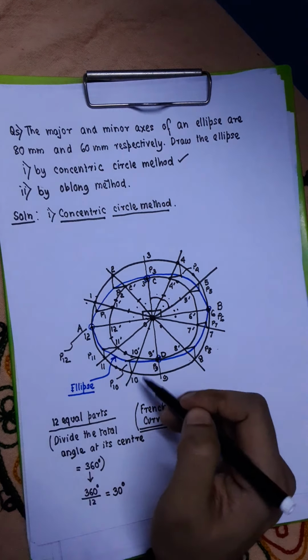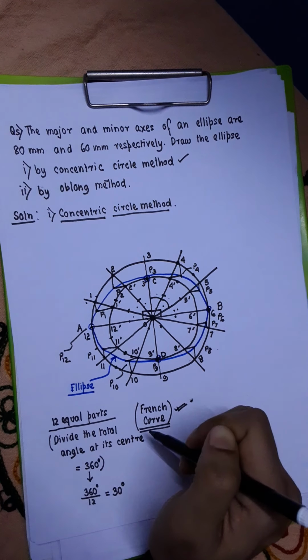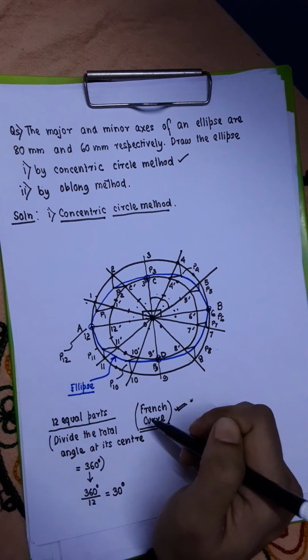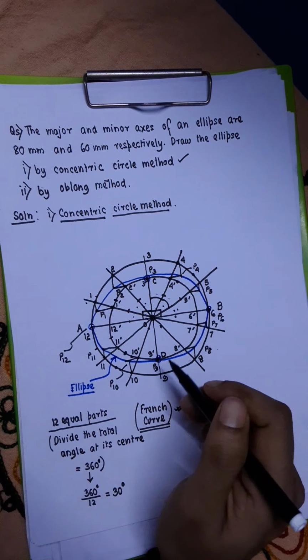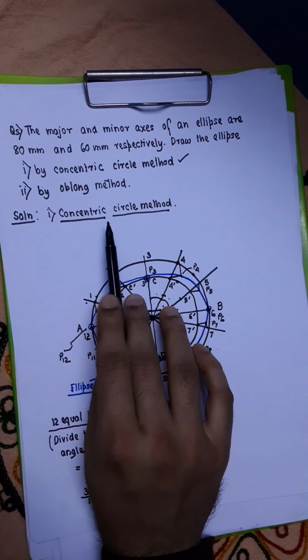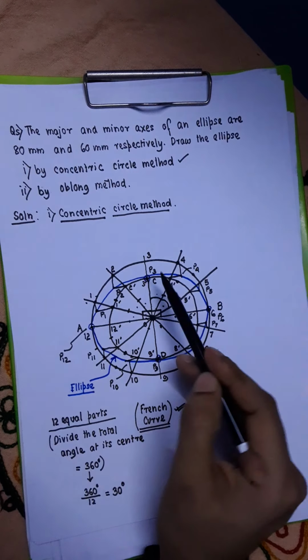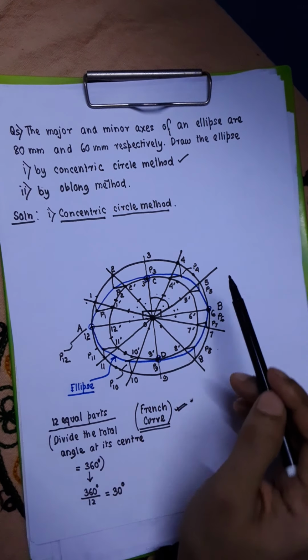The smaller circle was drawn with the minor axis as the diameter, and the larger circle was drawn with the major axis as the diameter. So we got two concentric circles, two circles having the same center. Therefore, these two circles are called concentric circles, and the method is referred to as the concentric circle method because we are taking the help of two concentric circles to construct an ellipse.